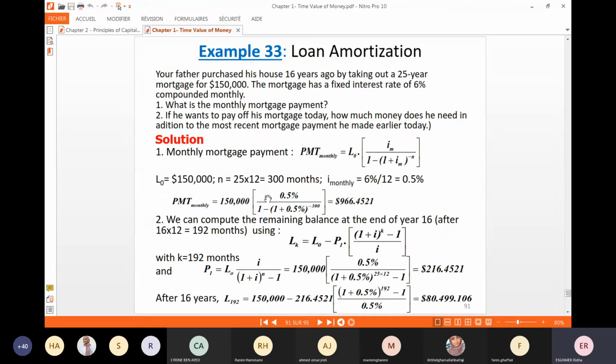We adapt n and we adapt i according to the periodicity of the payments. اوكي، اوف كورس هذه حاجه لوجيك. طيب.